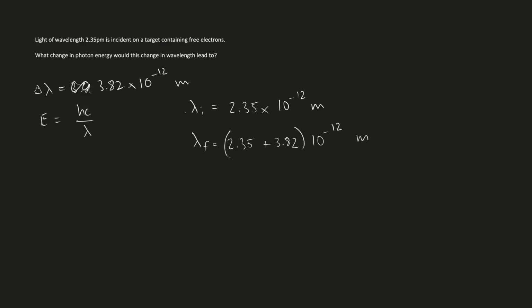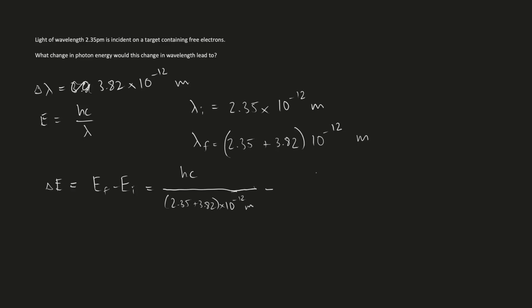Now that we know the initial and final wavelengths, we can observe that the change in energy is final minus initial energy, E final minus E initial, which is equal to, so our final energy is hc over this final wavelength, so 2.35 plus 3.82 times 10 to the minus 12 meters.